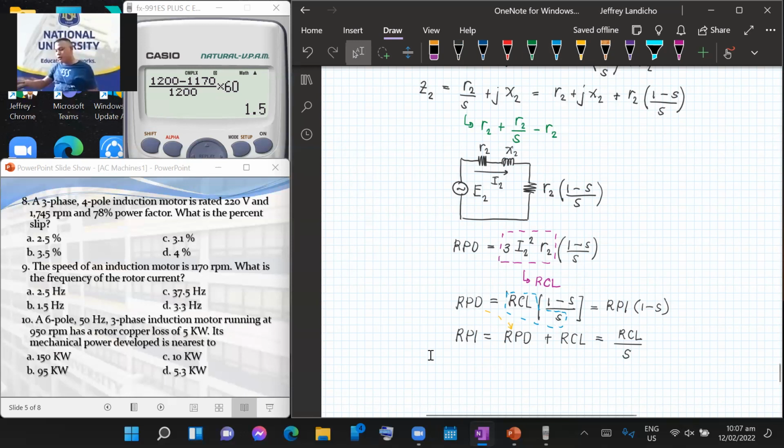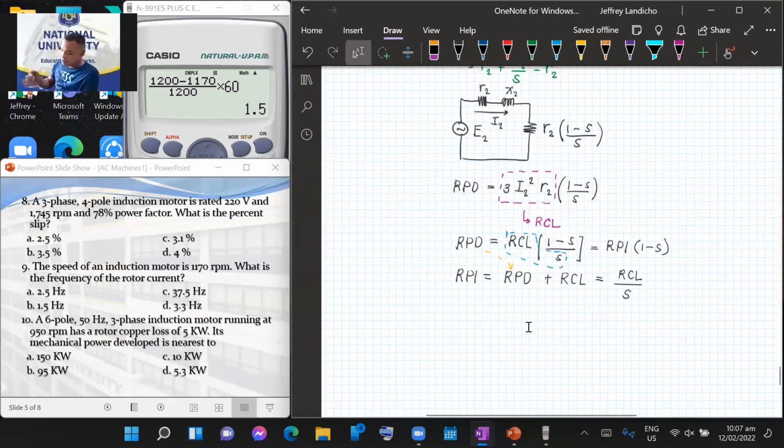Kaya kung naalala mo lang ito kapatid, kanina pa siya tapos. So, ibig sabihin, RPD now, meron na tayong RCL. So, kakailanganin na lang natin sino? That is S. Saan natin kukunin si S? So, we have NR. So, alam mo na NR, alam mo na ngayon yung ating S. Okay?